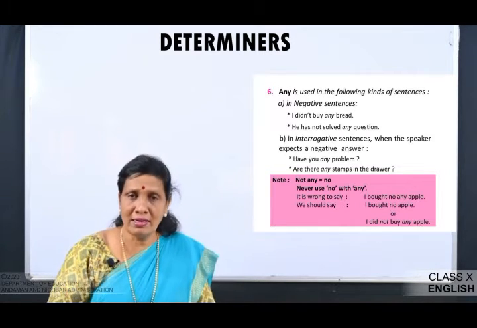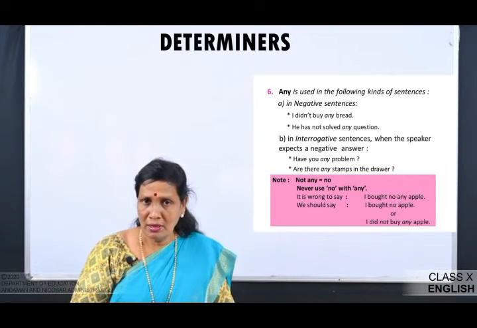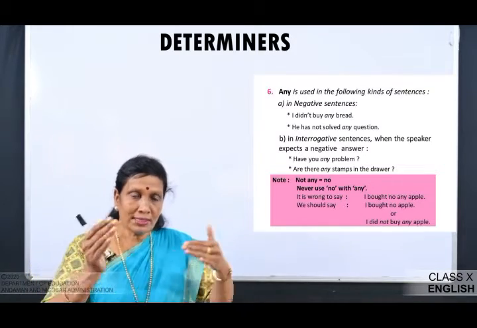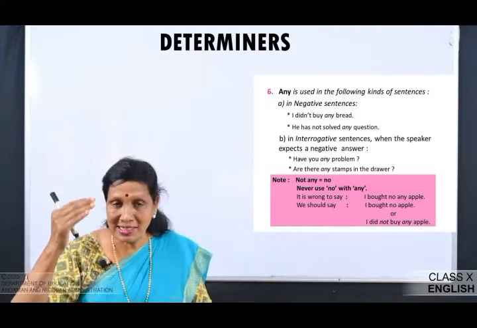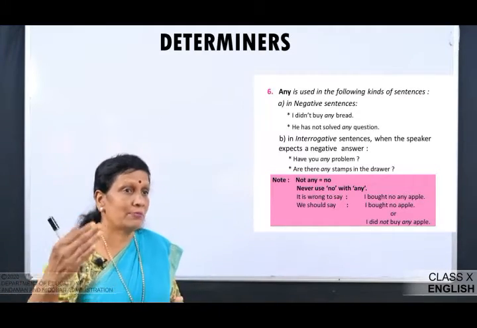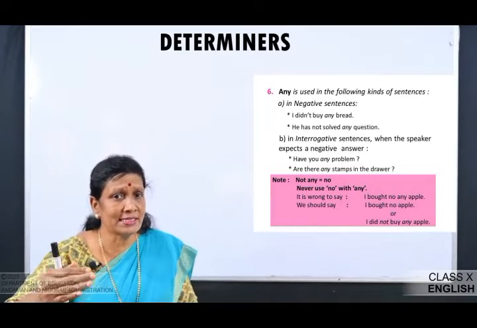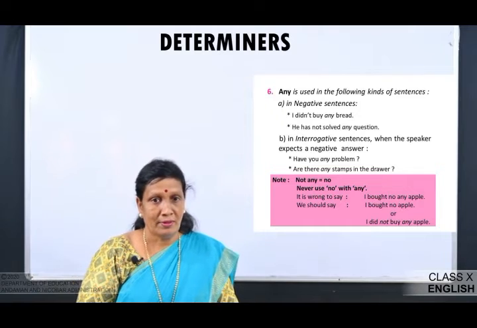No, I don't have any problem. Are there any stamps in the drawer? No, there aren't any stamps in the drawer. We had looked at the examples before which expected positive answers from the speaker. Now here, in interrogative sentences, the speaker expects a negative answer.